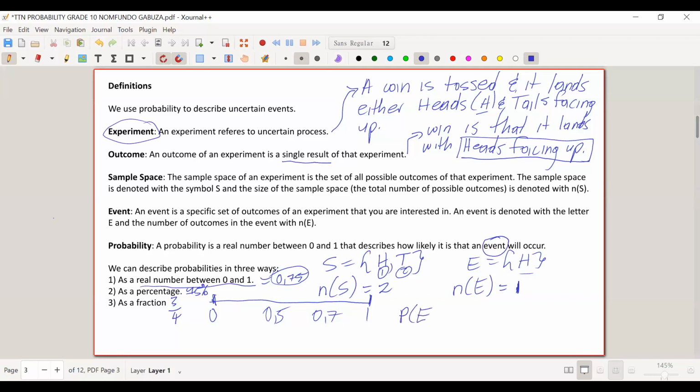So P of E is going to be the size of the event over the size of the whole sample space. This is the formula for calculating the occurrence of this event. The size of the event was 1, so we're going to have 1 over here, and the size of this whole sample space is going to be 2. So this is the probability of this event occurring.